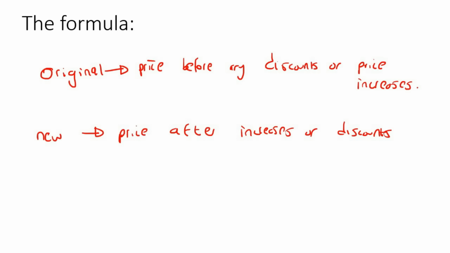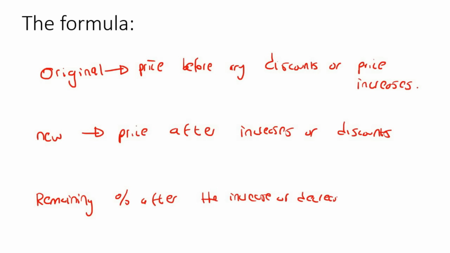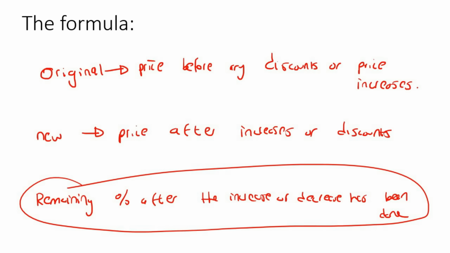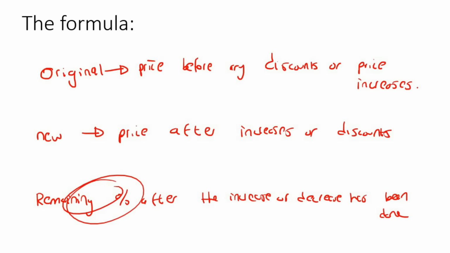And then we also need to know the remaining percentage. The remaining percentage after the increase or decrease has been done. This is the most important part, that you understand this, but I'm going to make a lot of examples to help you make sure that you get this number, because sometimes they're going to give you a 30%, but then you don't use 30, you have to use 70, and learners get that so confused.